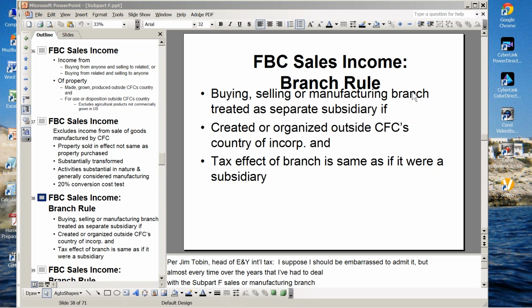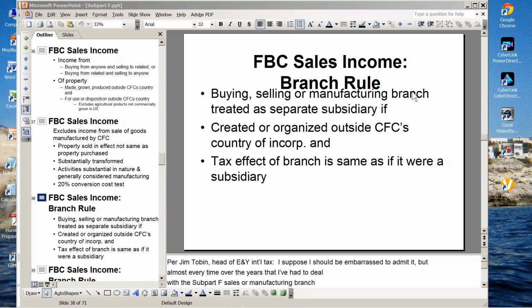This branch rule is just about the only place in U.S. tax law where that disregarded entity, or even an unincorporated branch, is treated as something besides non-existent. One other place is something we'll talk about briefly in the foreign exchange rules.